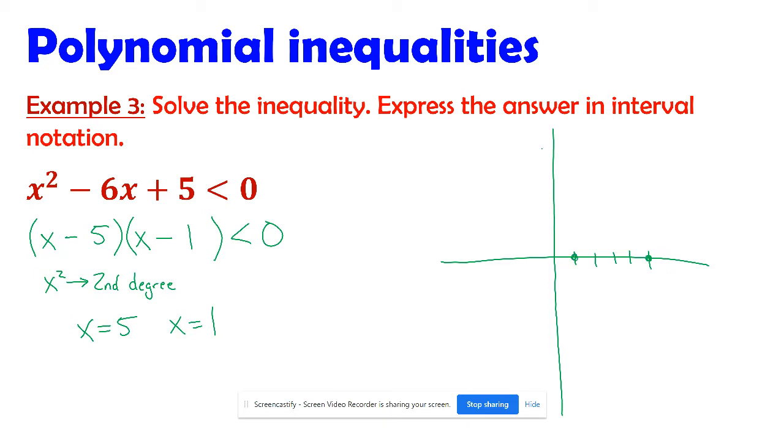And so my parabola is going to come down here, go back up through here. And I'm looking for less than. So less than is when is it below the x-axis? When is it negative? It's going to start at +1, and it's going to come back up at +5. And because it's less than, I'm going to use parentheses because I don't have an equal to this time. So that's going to be my interval. That's going to be my answer for this one. It's going to be from 1 to 5.